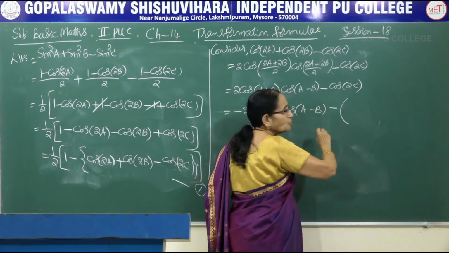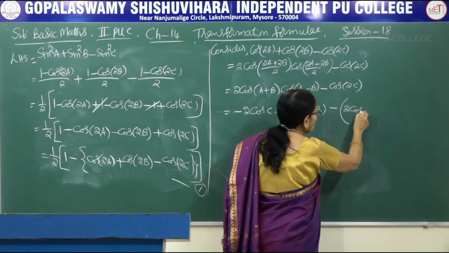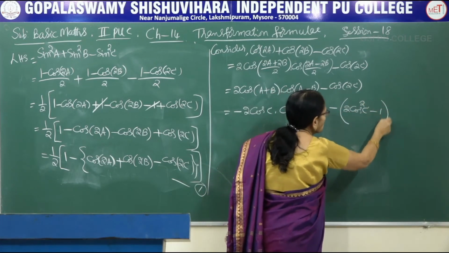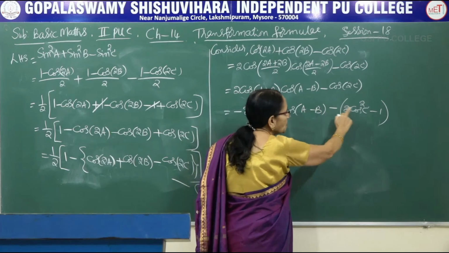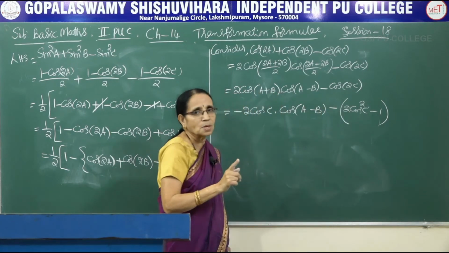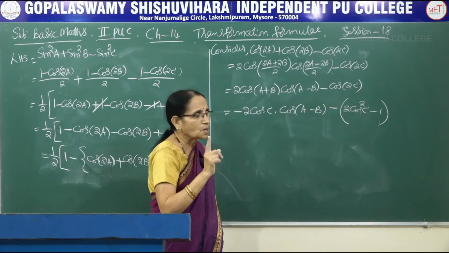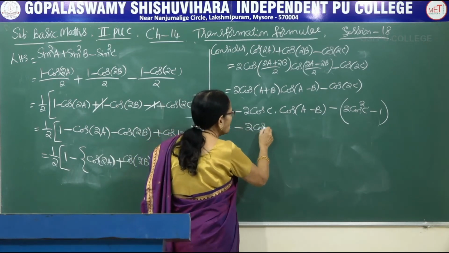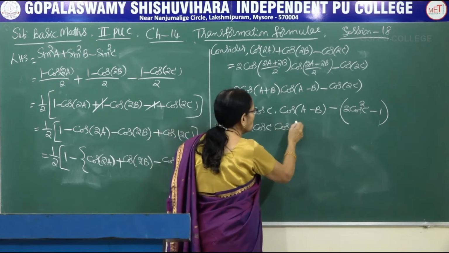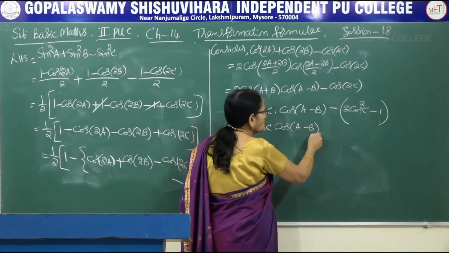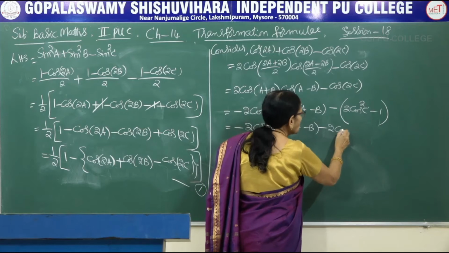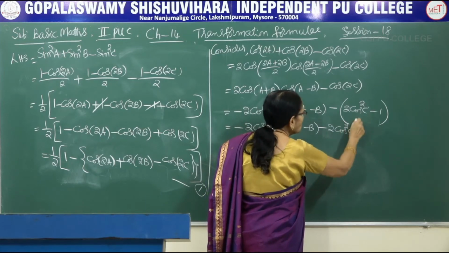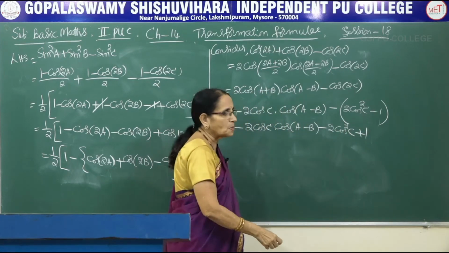Here you write the multiple angle formula, 2 cos square c minus 1. Again because of the minus sign, there are two terms here, so they have to be written inside the bracket. Now remove those brackets: minus 2 cos c into cos of a minus b minus 2 cos square c, minus of minus, it is plus 1.